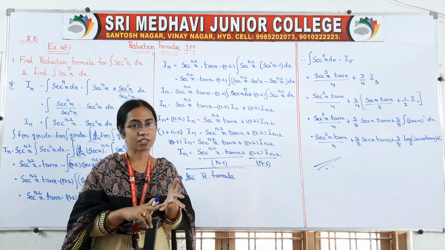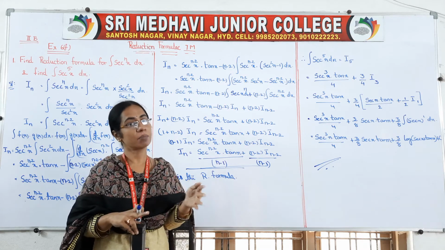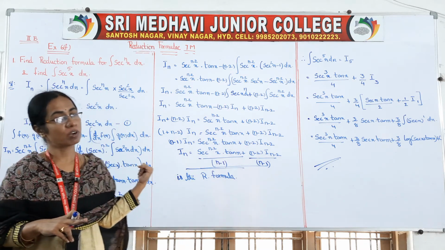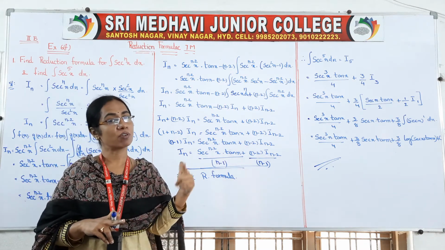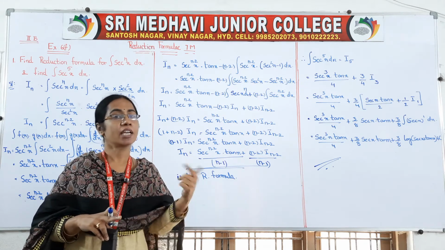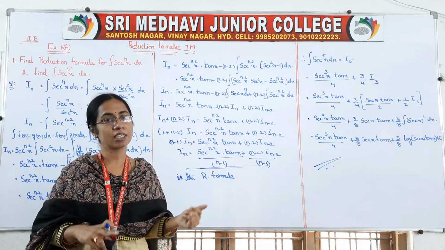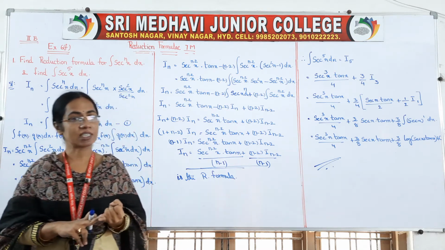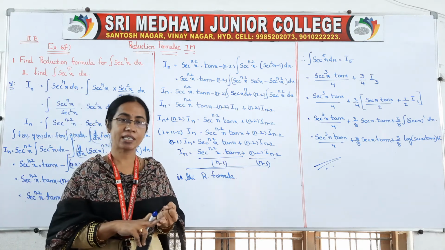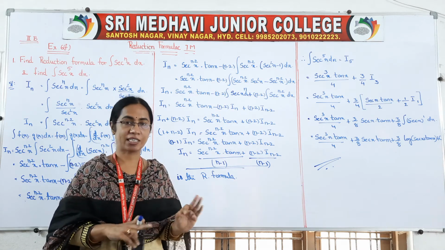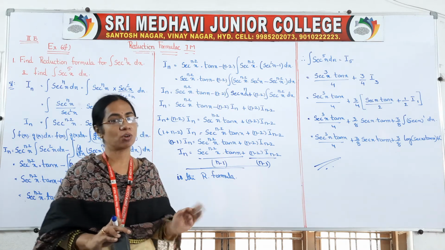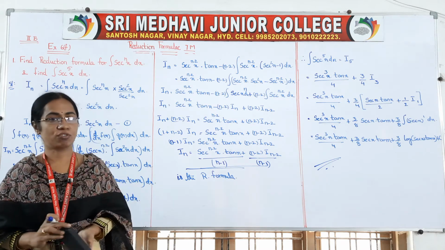Sine and cos are the same, tan and cot are the same. Now I solved integral secant to the power of nx dx. You find integral cosecant to the power of nx dx, same procedure. So sine and cos one set, tan and cot one set, secant and cosecant one set. Same method you have to follow, only values are different.